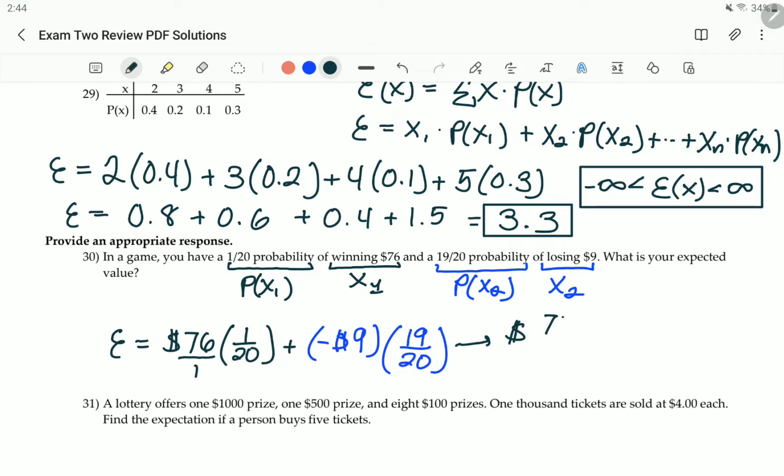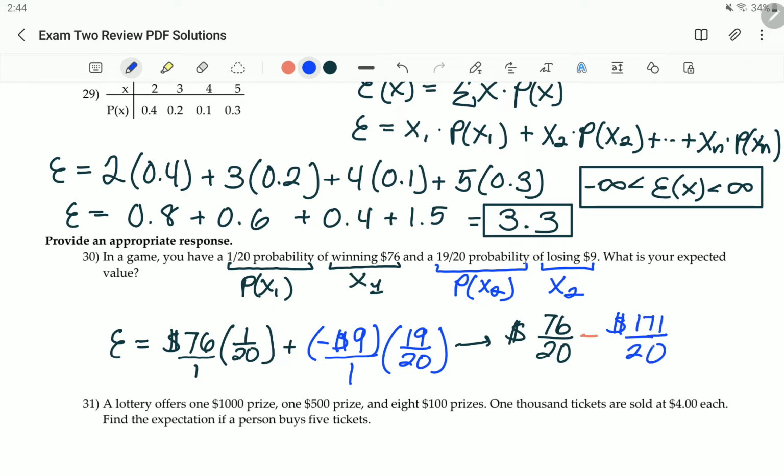That's going to be 76 over 20. A positive and a negative makes a negative. Put this number over 1. 9 times 19, that is 171. And 1 times 20 is 20.